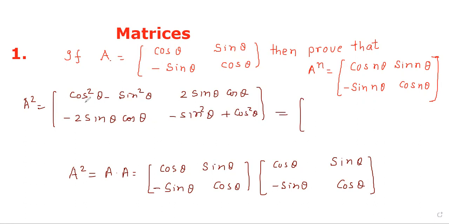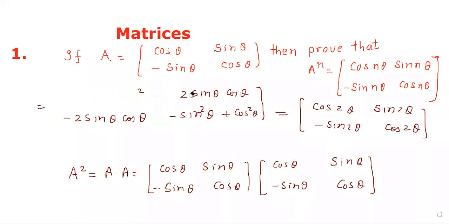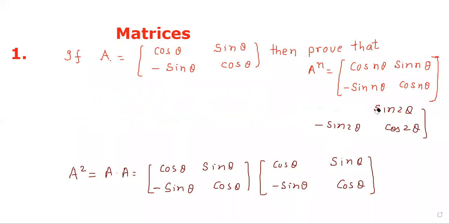Which is equal to, this is the formula of cos 2 theta, this is sin 2 theta, and this is minus sin 2 theta, and this is cos 2 theta. It means n equal to 2 is true. Now let's assume that A power k is true.